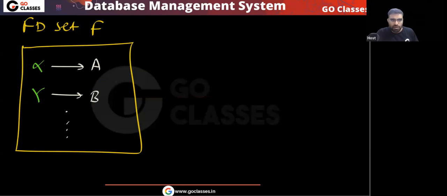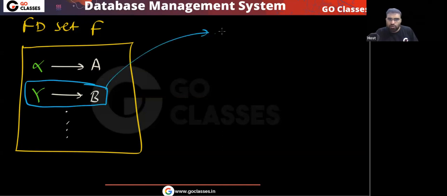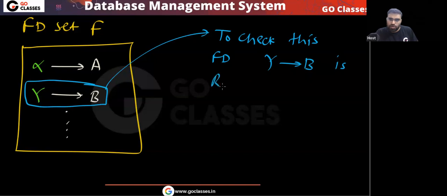So what will we do? Let's assume you want to check whether this FD, gamma determining B, is redundant or not. The entire FD, redundant or not?